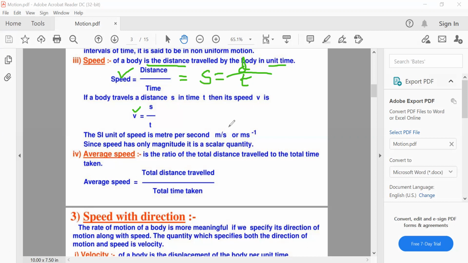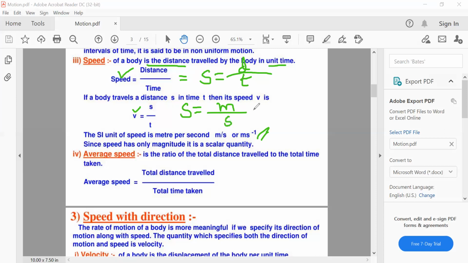The SI unit of speed is meter per second. How did we get meter per second for speed? Distance is usually measured in meters. Of course, we can measure distance in kilometers or miles, but when it comes to the SI unit, the standard unit, distance is measured in meters and time in seconds, small s.